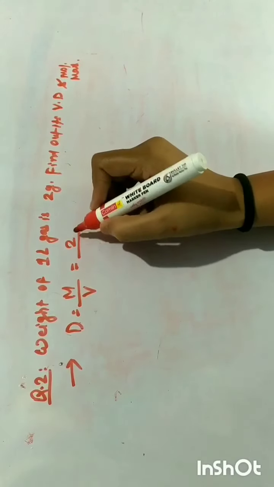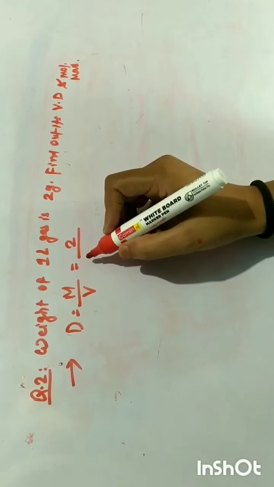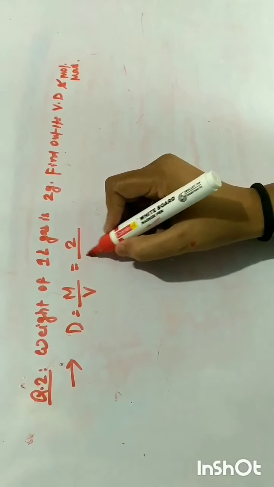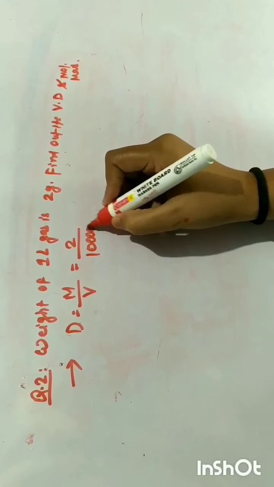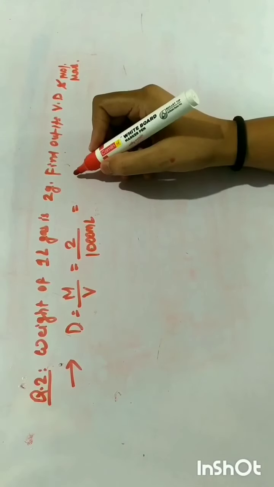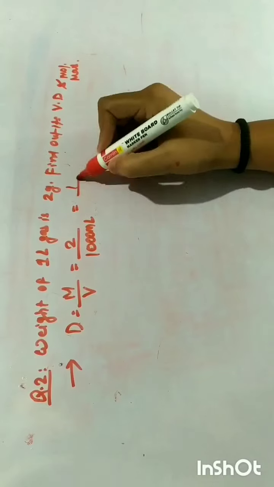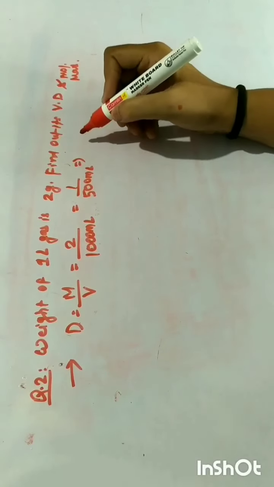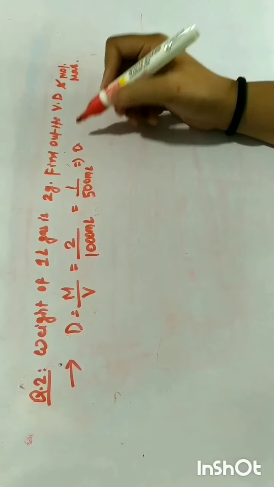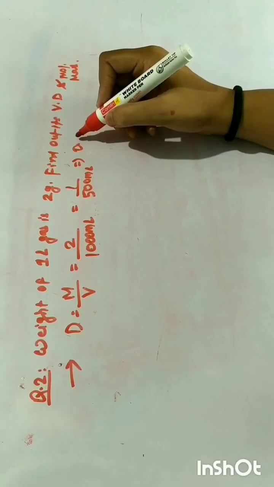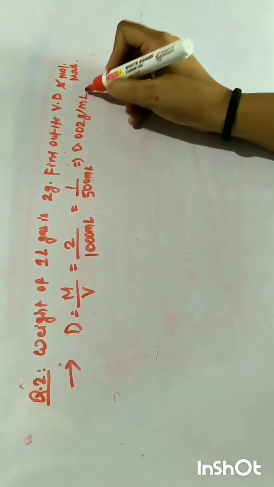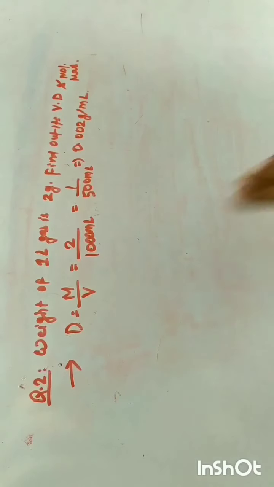Mass is 2 gram, volume is 1 liter, but you have to write it in ml, right? So 1000 ml. So 1 by 500 ml, so 0.002 gram per ml is your answer for density.